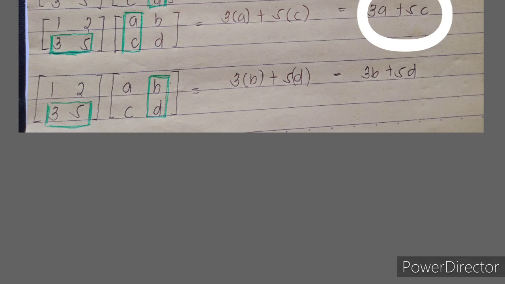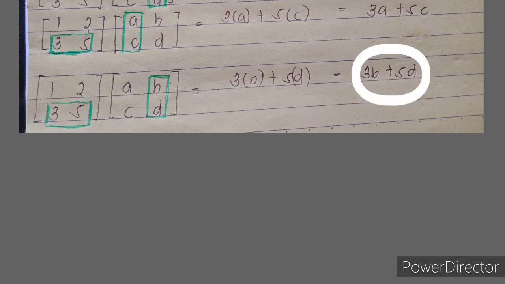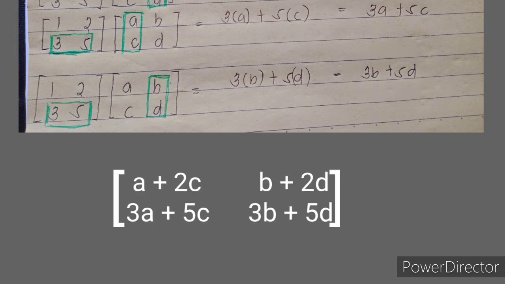The next is to multiply the second row of A and the second column of B, where 3 is multiplied by B and 5 multiplied by D. Then we get 3B plus 5D.